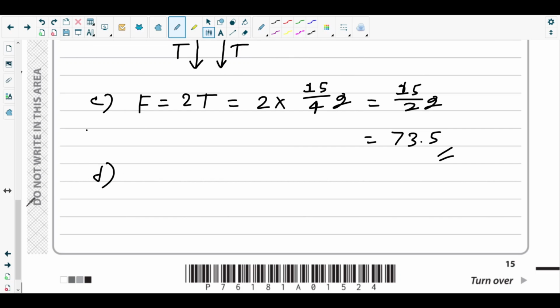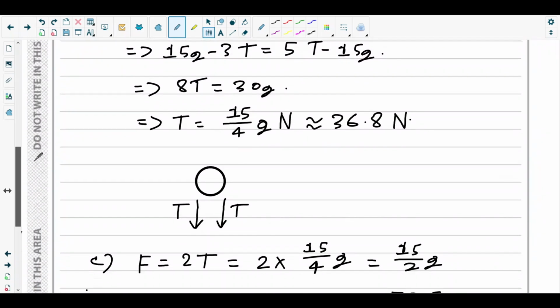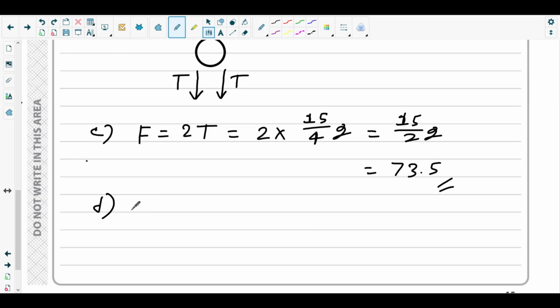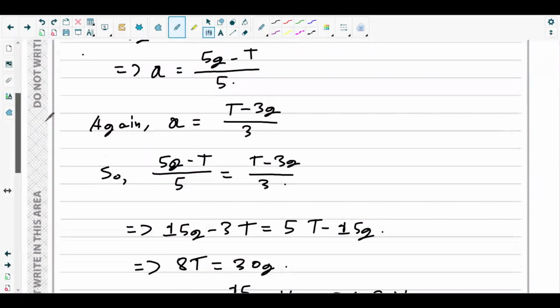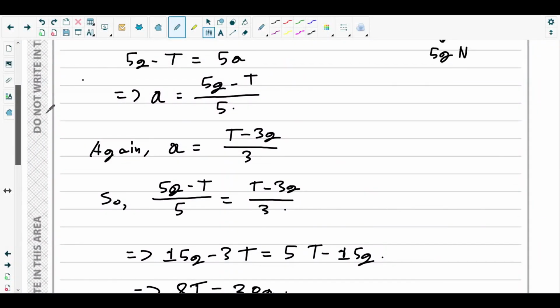For this speed we need the acceleration of the system, right? So a equals to what? Acceleration of the system, acceleration a is equal to how much? We know the equation earlier in part B. We got two equations, 5g minus t over 5.